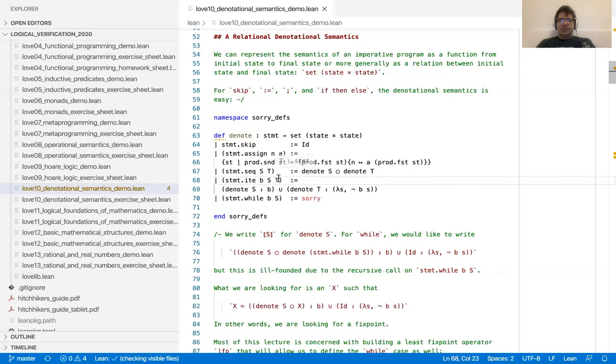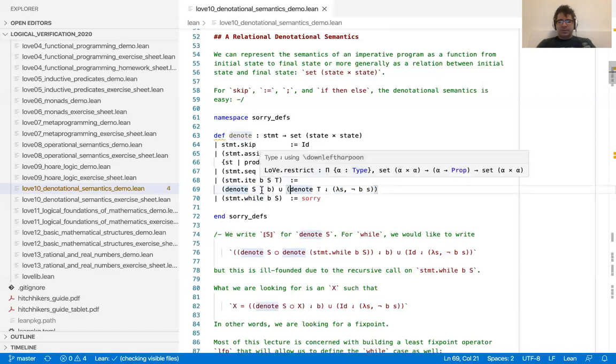So it says the semantics of if then else is basically the semantics of S for all pairs where the first state satisfies B. Basically, if B is true, then you would take the then branch, and this is the then branch, and then this is the condition that B is false, and then you take the T branch.